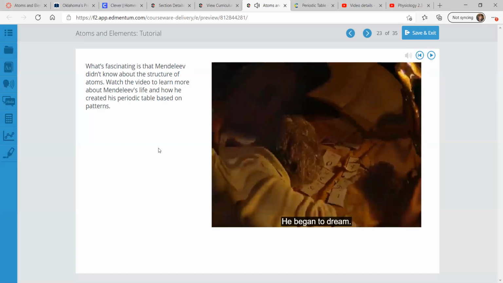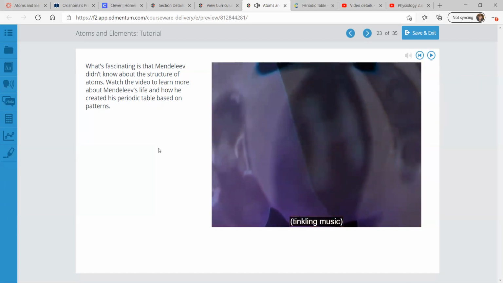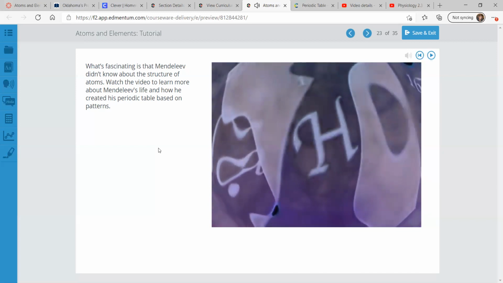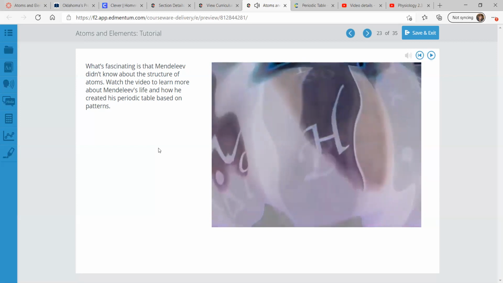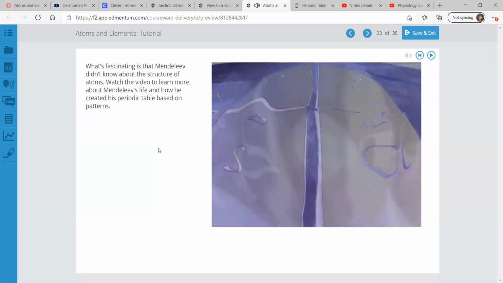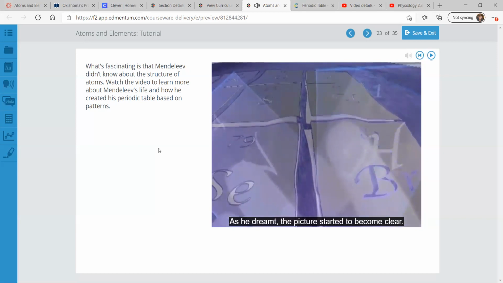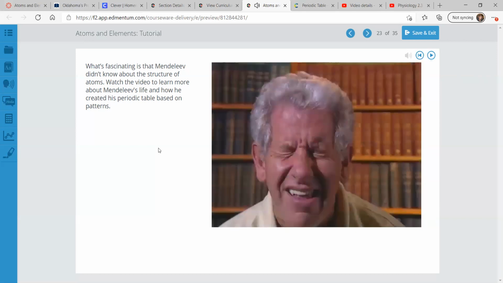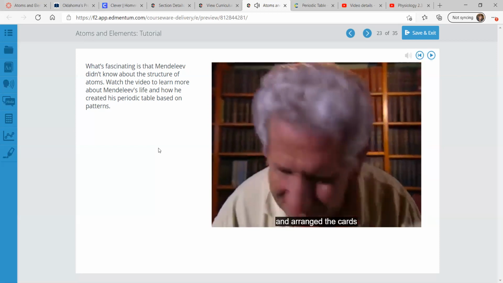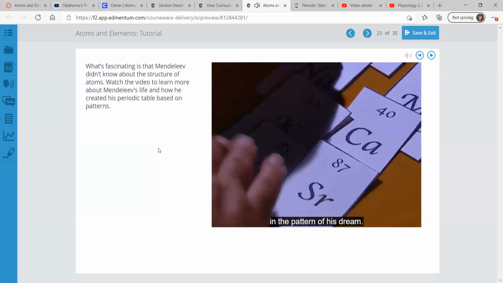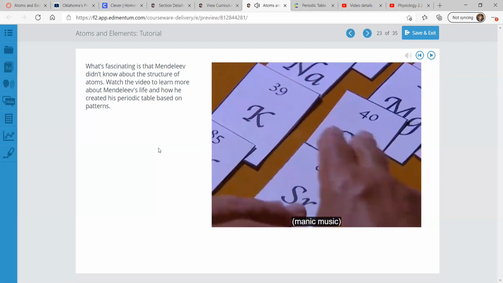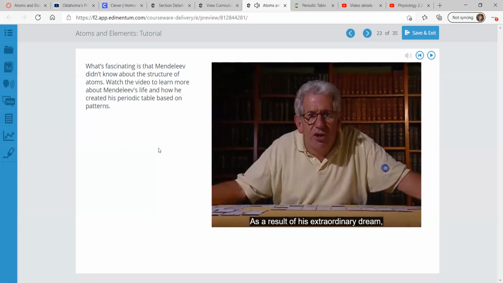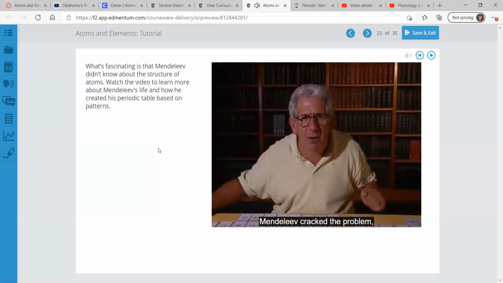He began to dream. The halogens. And as he dreamt, the picture started to become clear. He awoke with a start and arranged the cards in the pattern of his dream. As a result of his extraordinary dream, Mendeleev cracked the problem.